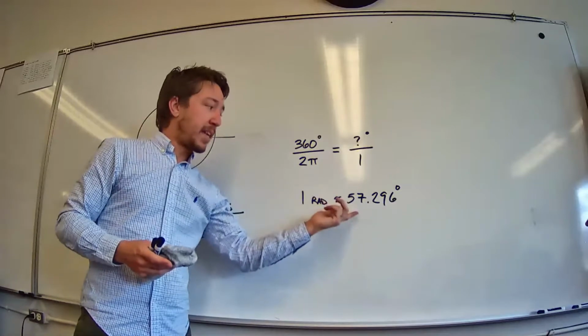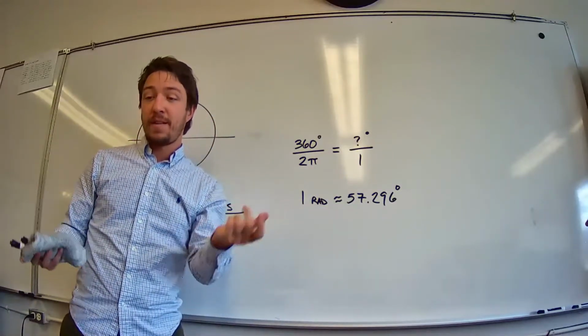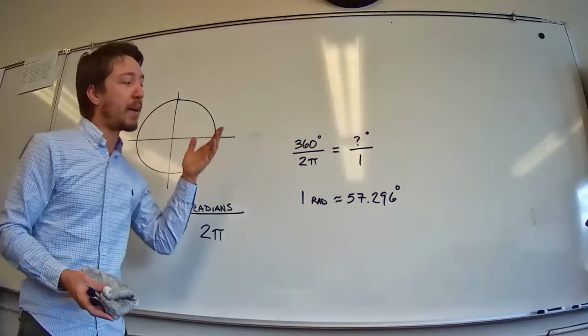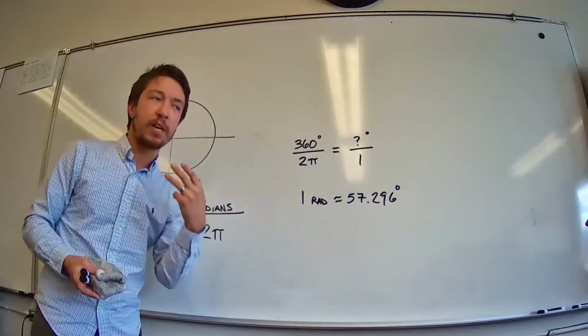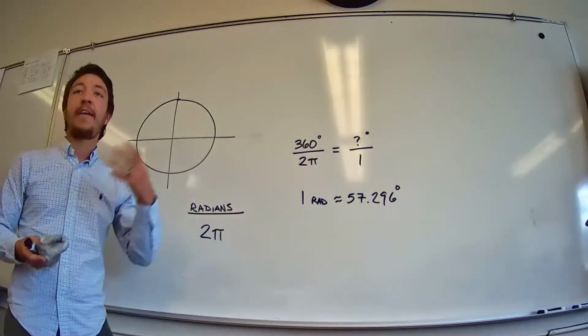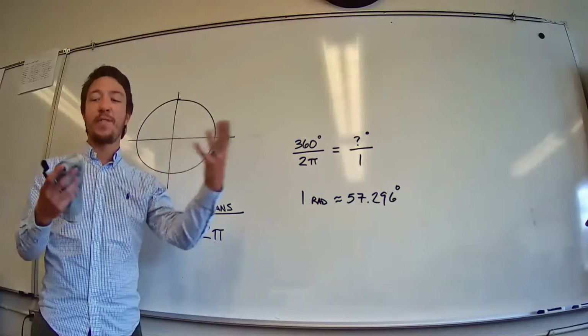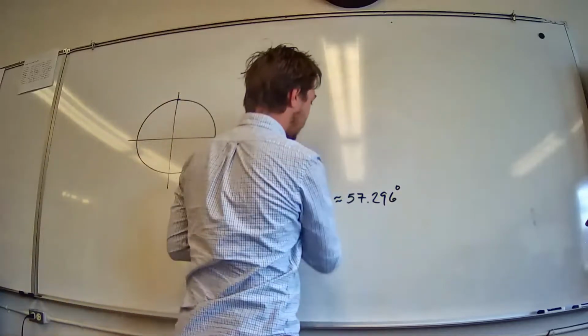So each of those radians makes up just under 1/6 of a circle. However, we are very rarely going to be talking about 1 radian, 2 radians, 3 radians. We're going to be talking more about pi radians, or half a pi radians, or 1/3 of a pi radians. Okay, let's watch what it is.